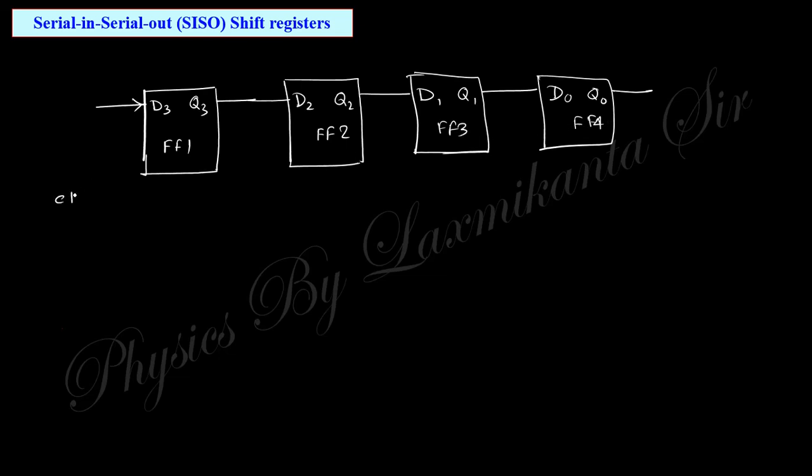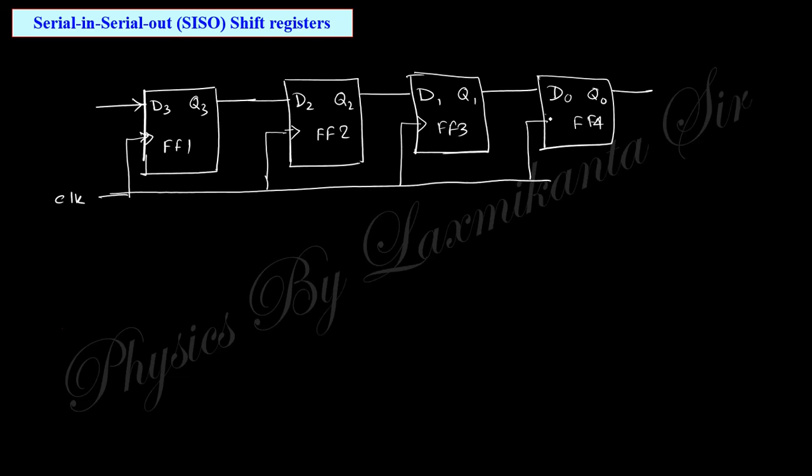And there is a clock pulse. All are connected with a single clock pulse, and you know the trigger notation, that is the edge trigger clock pulse. Now you have four inputs. They are serially input, and the output is taken serially.